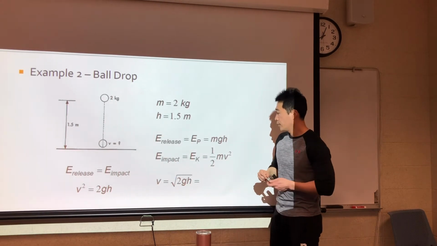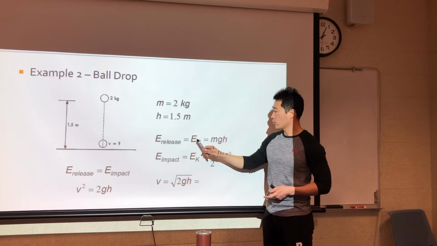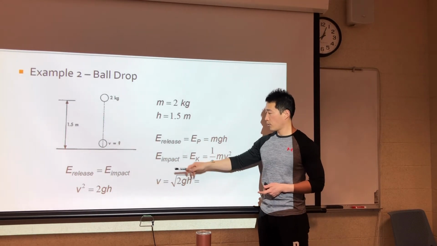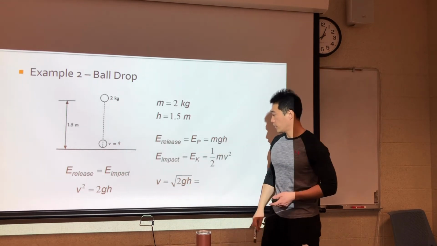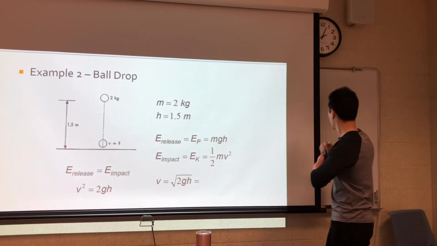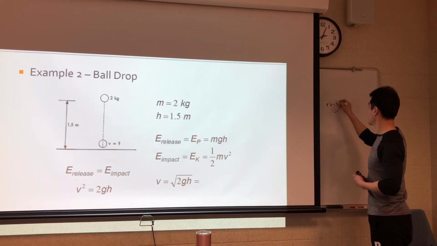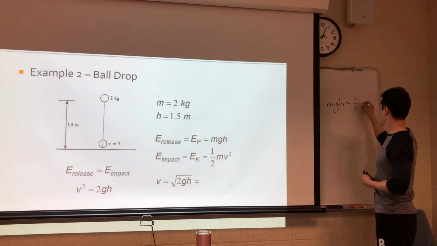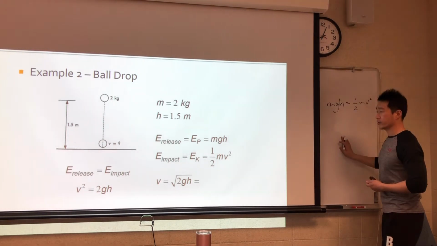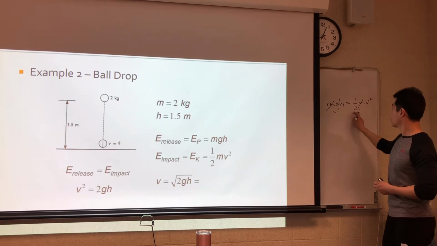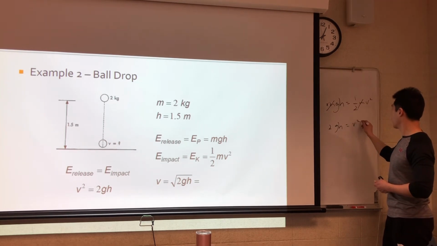As I mentioned earlier, at the top the ball has only potential energy, and when the ball is down here, it has only kinetic energy, and these two are equal. So mgh, when the ball is at the top, is equal to (1/2)mv squared. The m can be cancelled, and multiplying by 2 gives 2gh equals v squared.